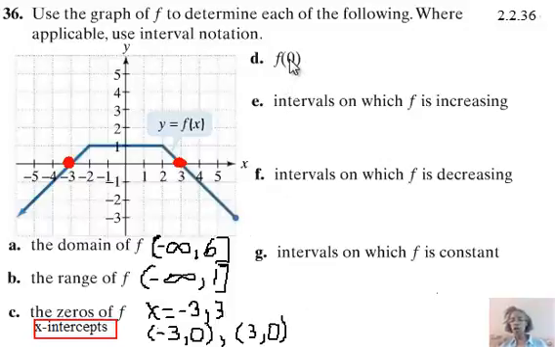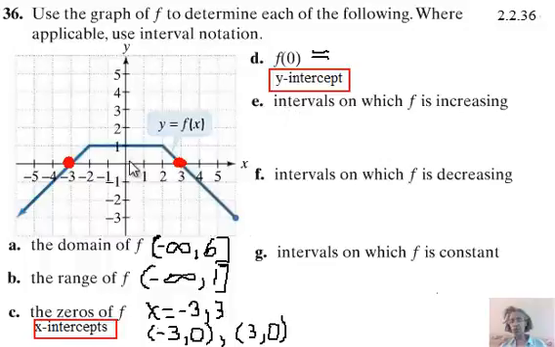Now when you talk about f of 0, you're being asked about the y-intercept. So f of 0 is actually the y-intercept. So we want the y value where x is 0.